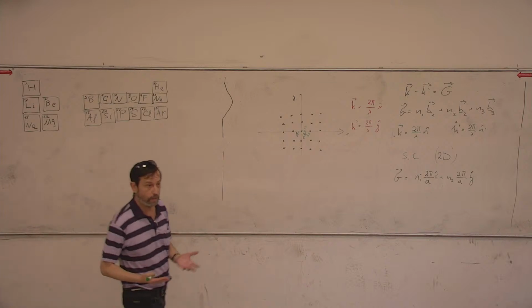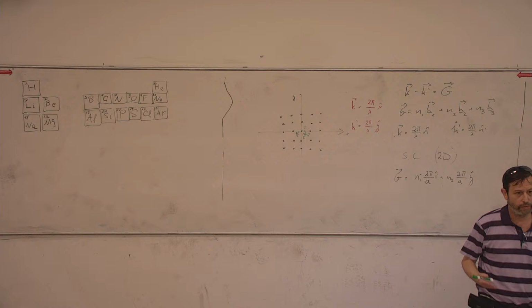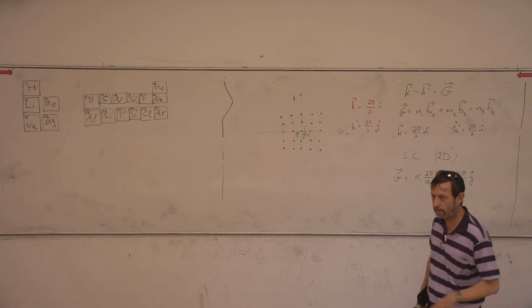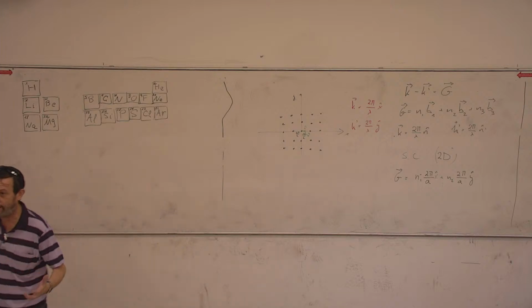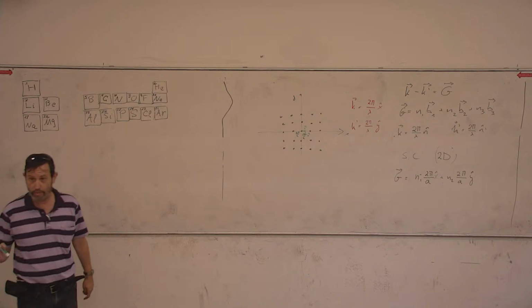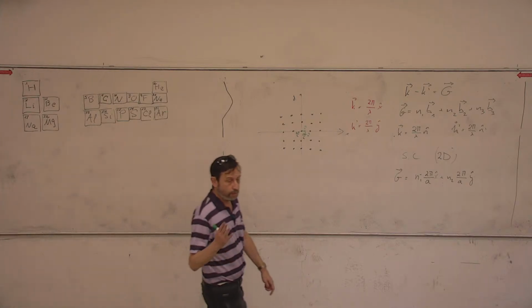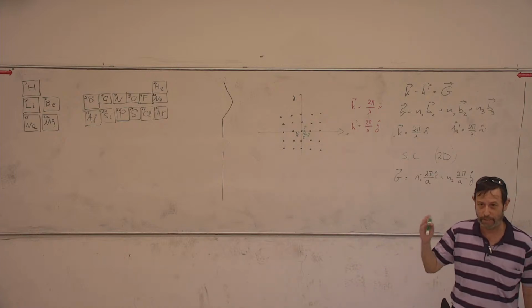Okay, so that's the reason why we need X-rays. X-rays are of order of an angstrom. Distances in typical lattices are within order of 2 to 5 angstroms. Okay, so for X-rays, I have a probability of choosing a direction that will fall on a Bragg peak.